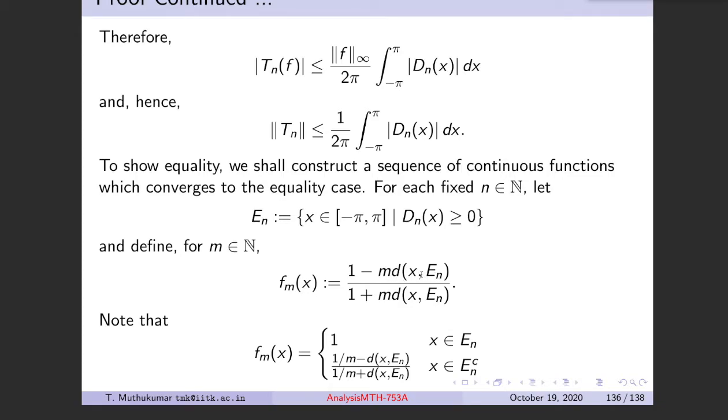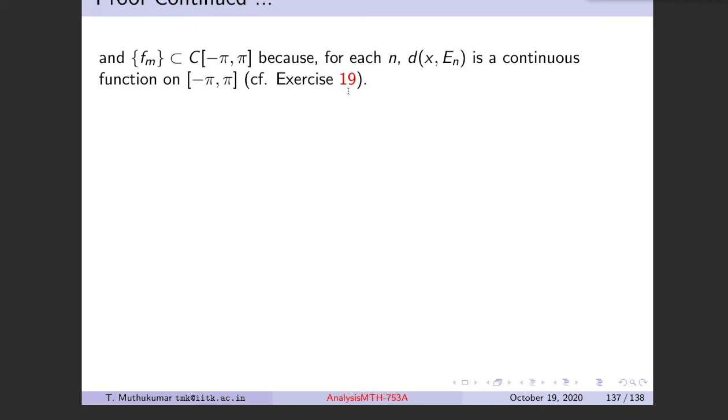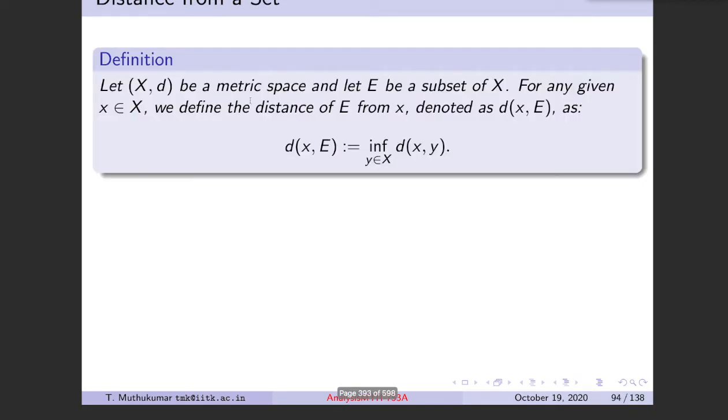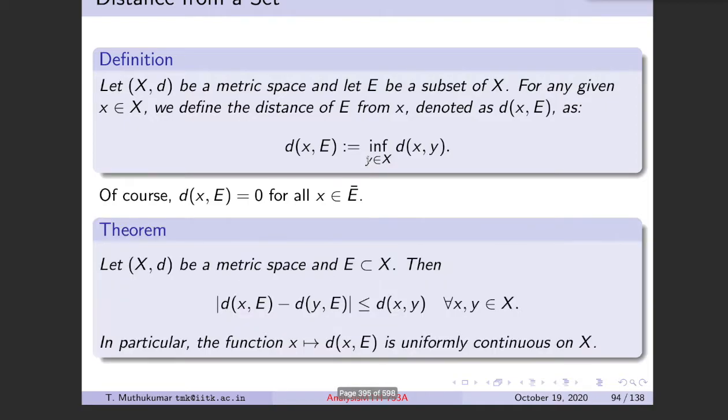In exercise 19, we had done this: in a metric space, the distance function is uniformly continuous. So by that, you have the continuity there.